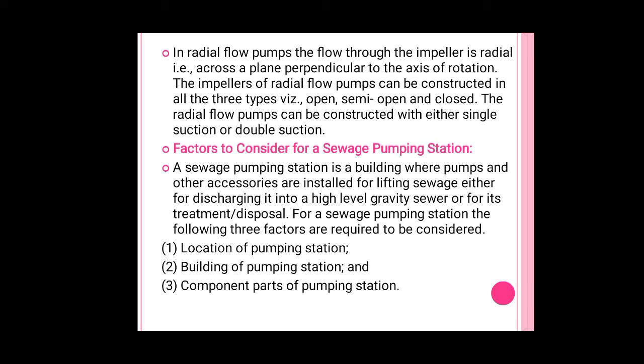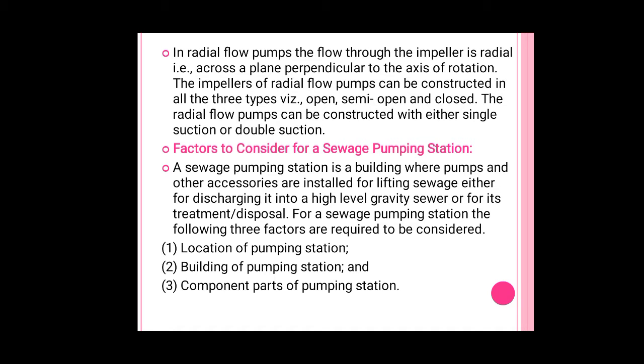Now the next is the factors to consider for the sewage pumping station. Whenever we want to move sewage from one area to another, some factors are to be considered for this pumping station. The sewage pumping station is a building where the pumps and the other accessories are installed for lifting sewage, either for discharging it into the high level gravity sewer or for its treatment or for its disposal.